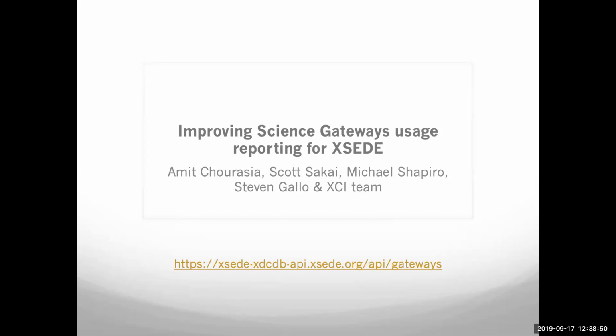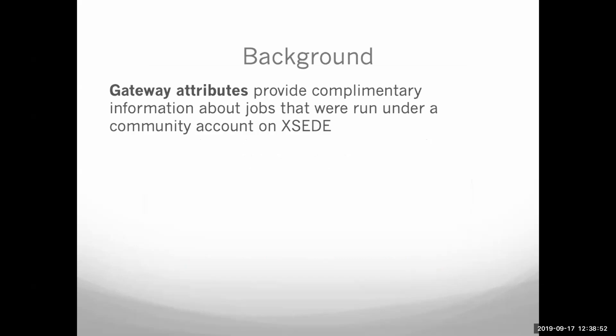For folks who do not know what this is about, when somebody runs a job on a system, the service providers, aka the cluster operators, will report to XSEDE who ran the job, how much usage the job incurred, and which allocation it belonged to.